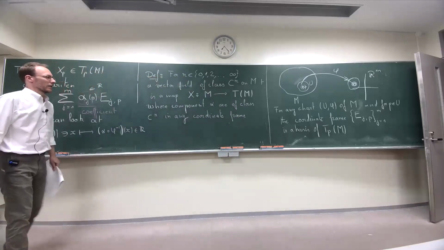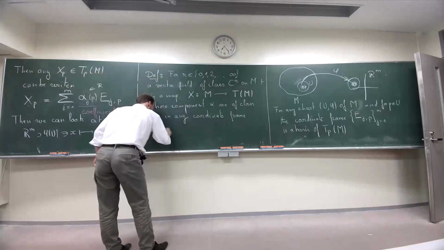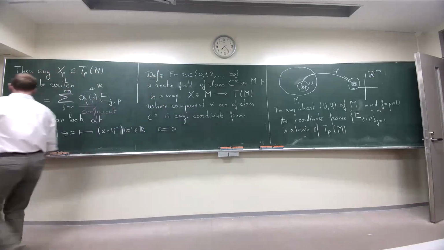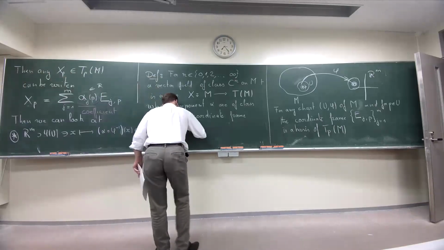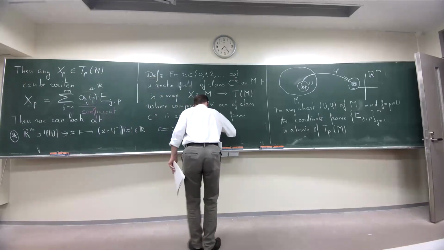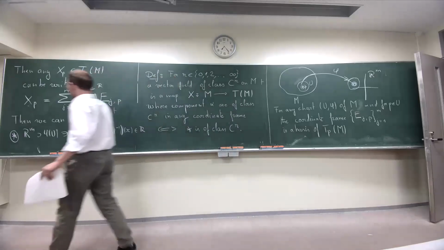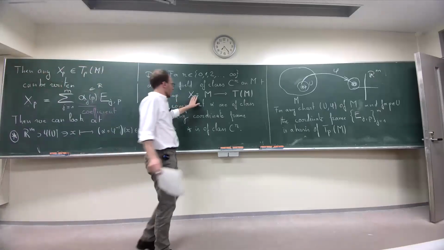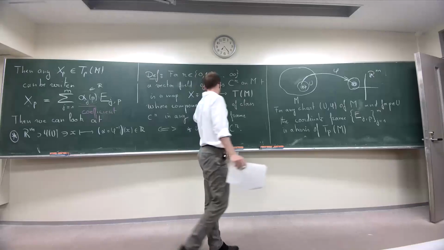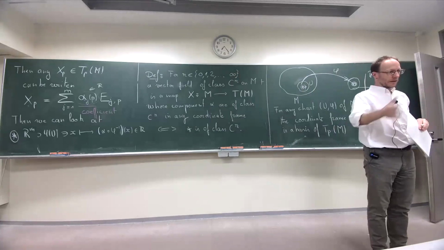What does it mean that it's of class CR in any coordinate space, in any coordinate frame? Precisely, it means this map here is of class CR. Everything is well defined. So I consider a map X from the manifold to this tangent space.